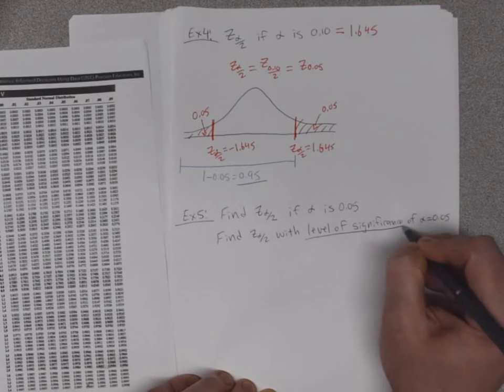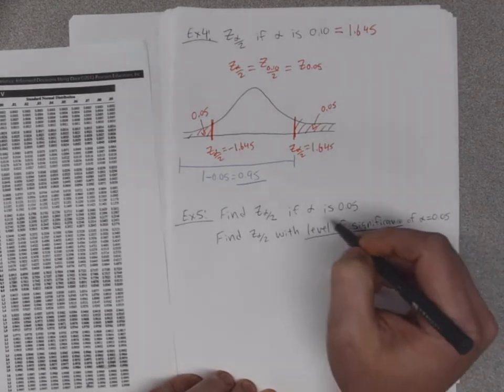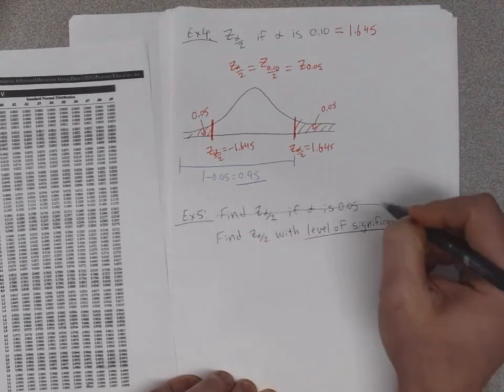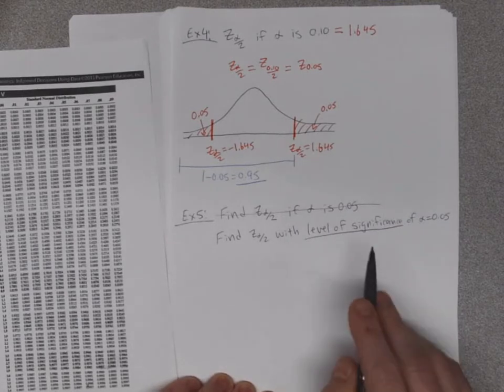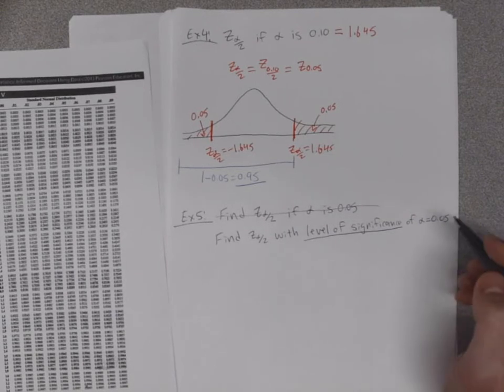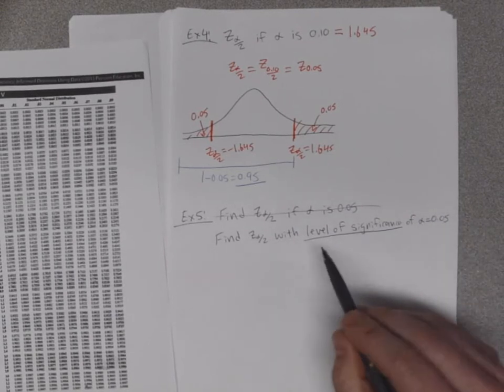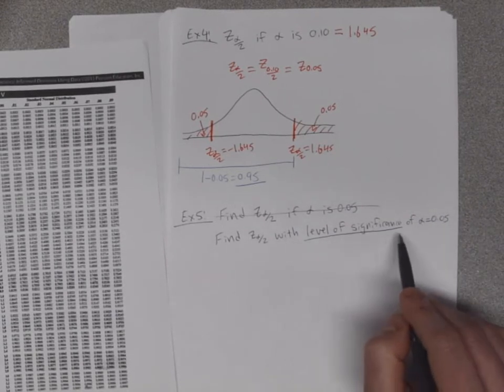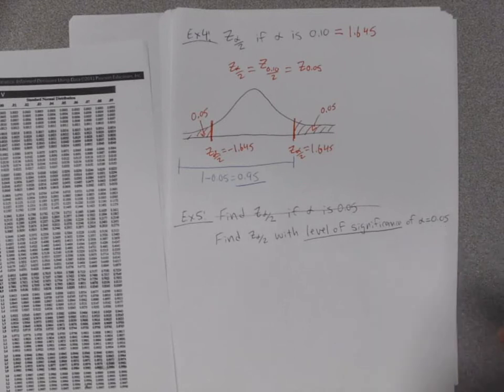So that level of significance is a new term. So you may see this instead of this. All right, so just don't get confused. When you see level of significance, it's talking about your alpha value. So it may not even say alpha. It could say find z alpha over 2 with level of significance of 0.05. So level of significance is implying that this is your alpha value.